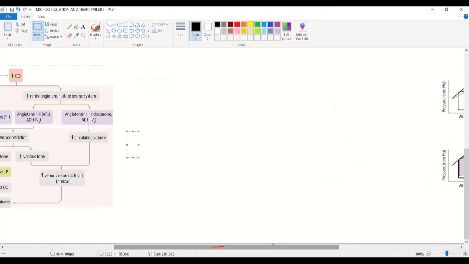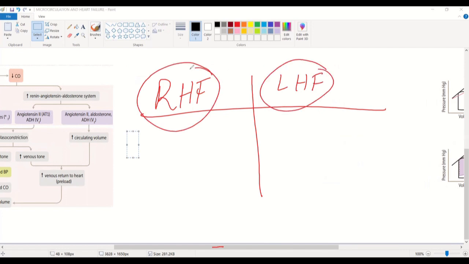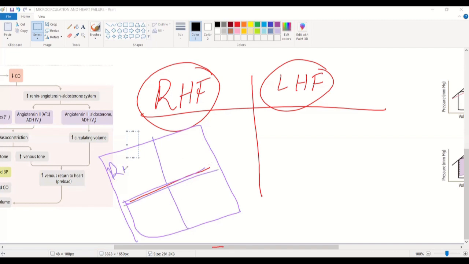Okay, can anybody tell me about the differences between right heart failure and left heart failure? Okay, so let's suppose this is our heart, right? So this is the right atrium, left atrium, right ventricle, left ventricle.